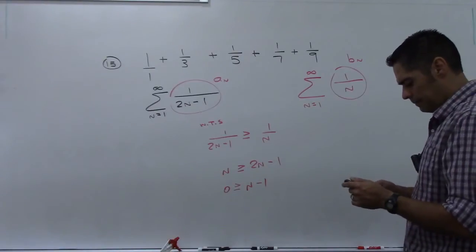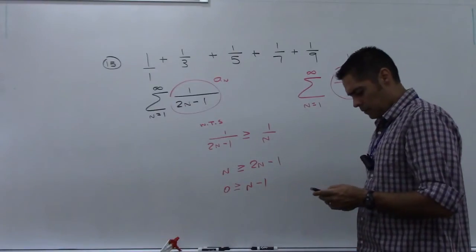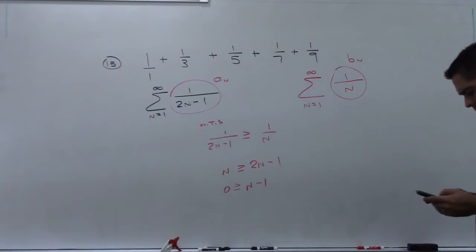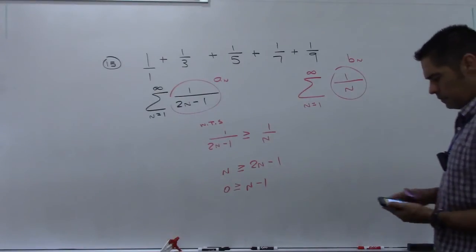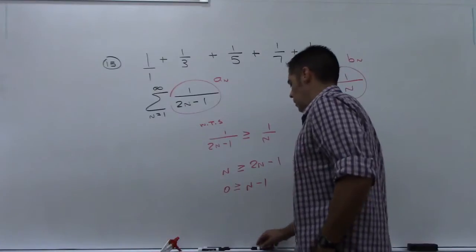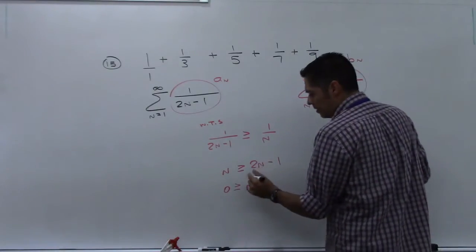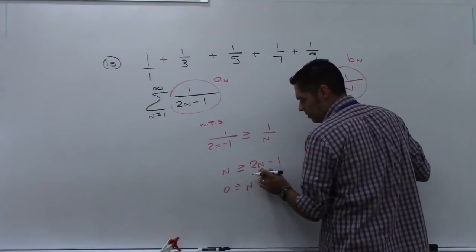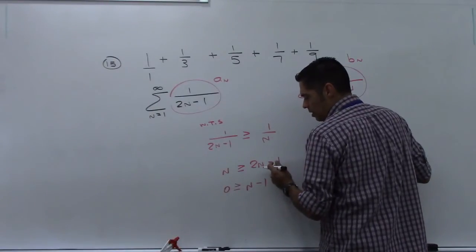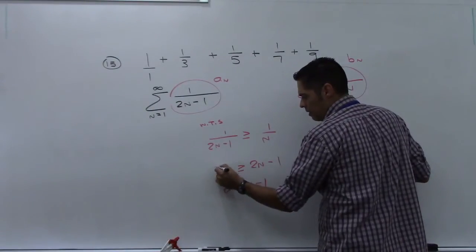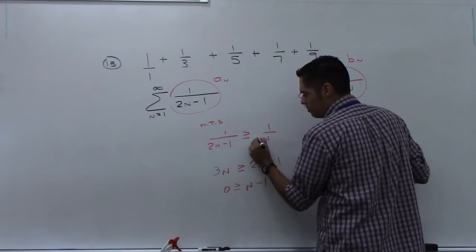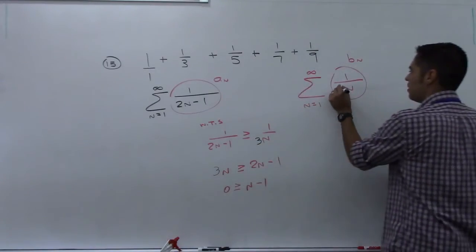Okay, so now, if I want to tweak this, remember, I want to make this side bigger than this one. So I think the safest bet would be to try and make that a 3, which means make this a 3, which means make this a 3.